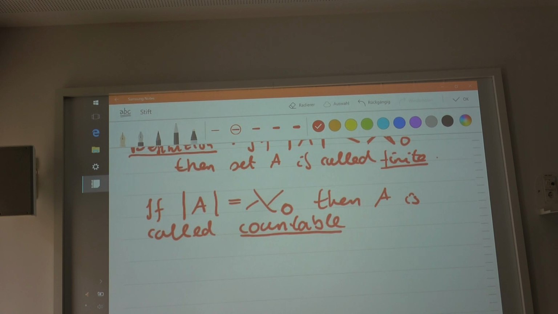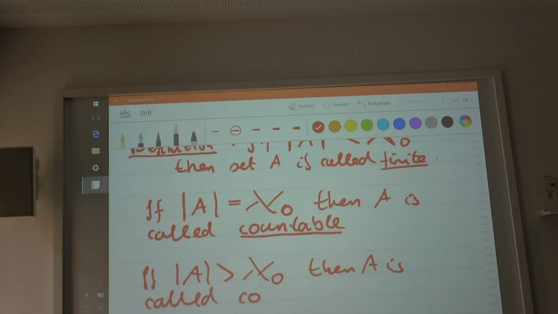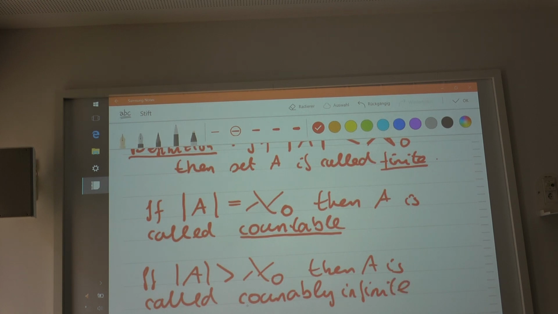And if a set has a cardinality which is greater than that of the natural numbers, then A is called countably infinite, or not countable.